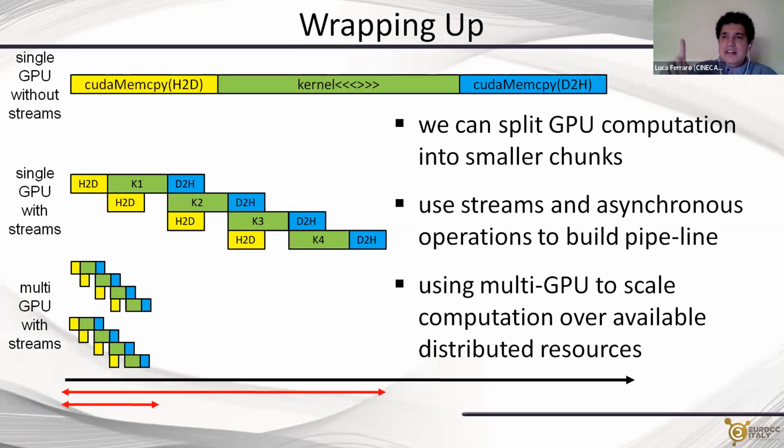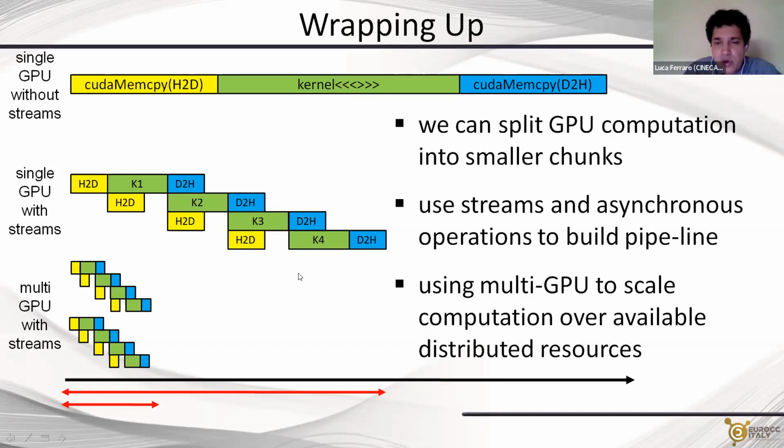Okay, so wrapping up, we have seen how you can use a GPU to speed up a computation, moving data from the host to the device, launching a kernel and getting back the results. We have seen that splitting this GPU computation into smaller chunks and making use of streams and asynchronous operations, we can pipeline this operation and make an improvement over the general overall performance we can get from our GPU porting code.